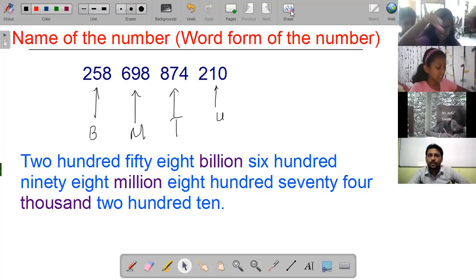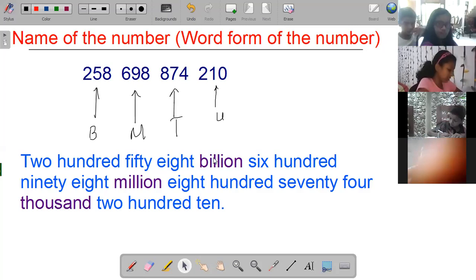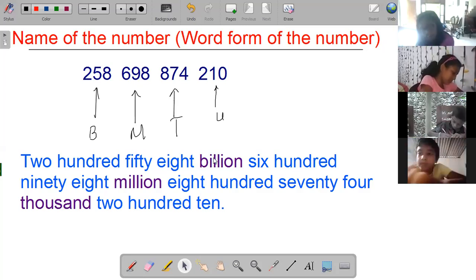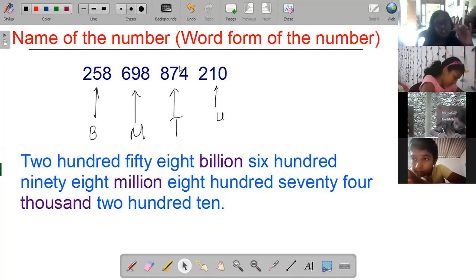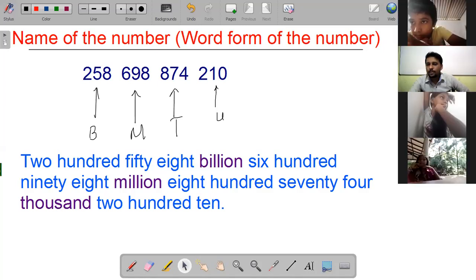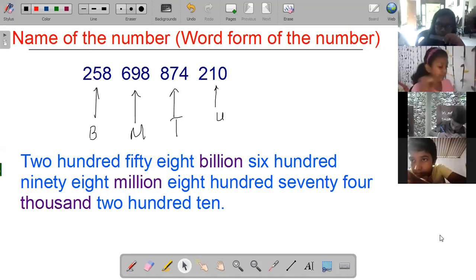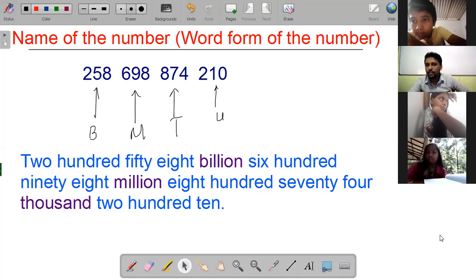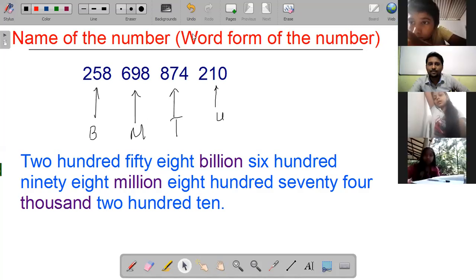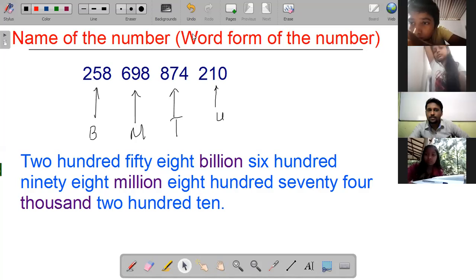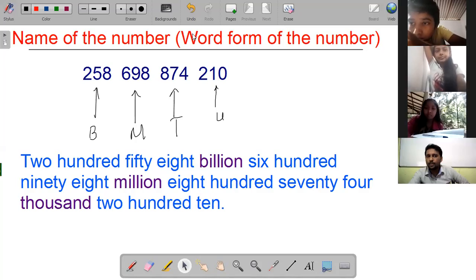Now, who are still writing? Okay. Now, can you tell me, are you clear on this one? Huh? The word form writing method of the number. Are you clear? Well or not? Raise hand. Now you can also unmute and give the answer. Are you clear now, all of you?